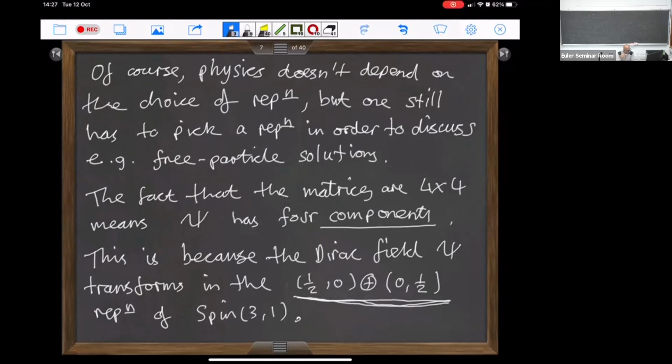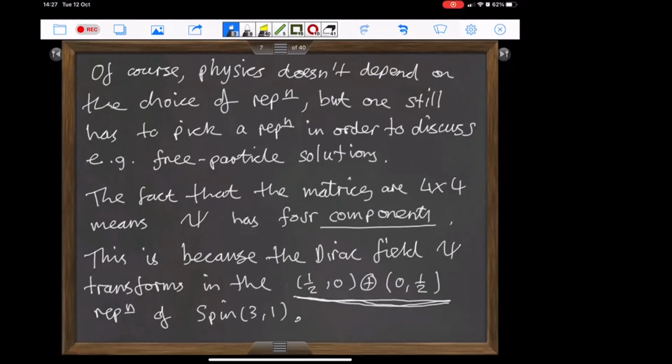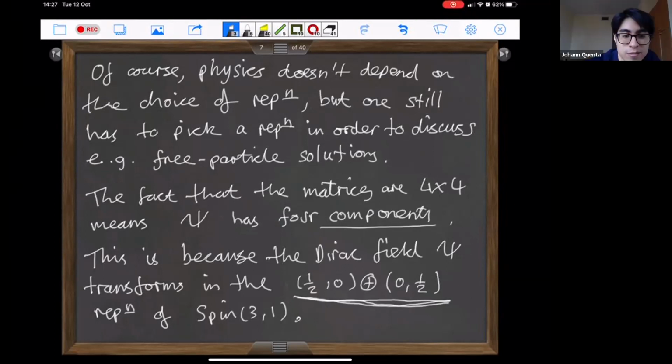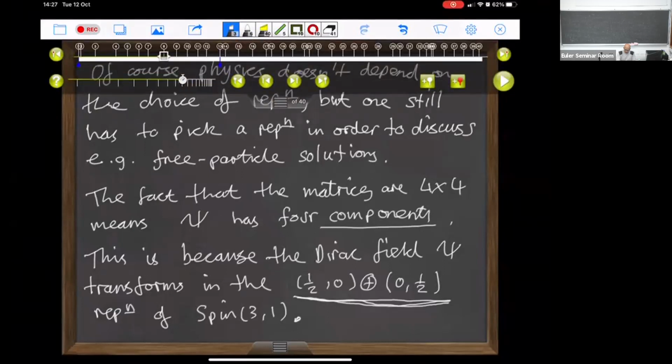Johan, did you have a question? Yeah, I wanted to ask what exactly is the spin group you talked about in the end? We actually did talk about this, I believe, when we were doing the representation theory of Lorentz and Poincaré. But okay, let me spend a minute on this.